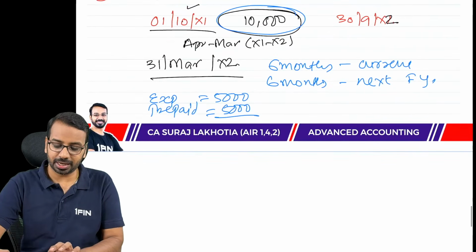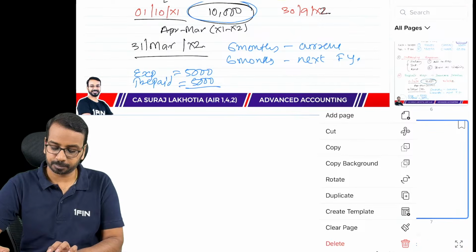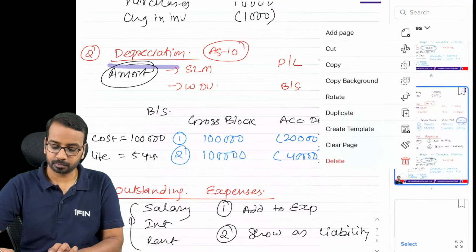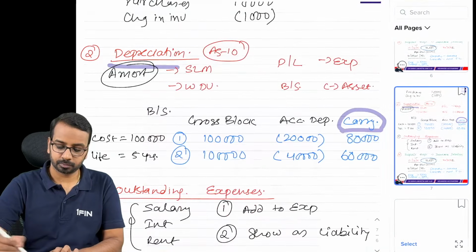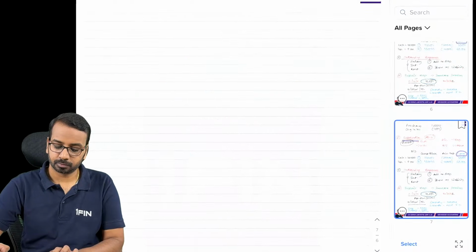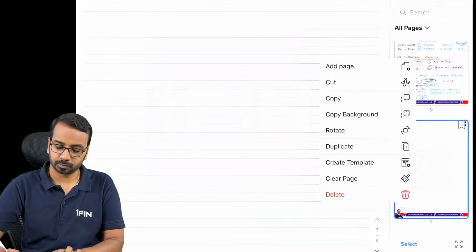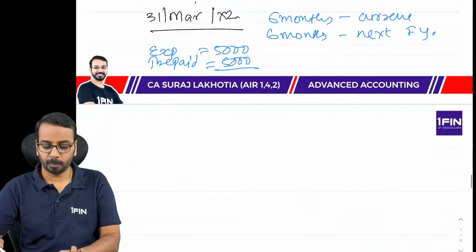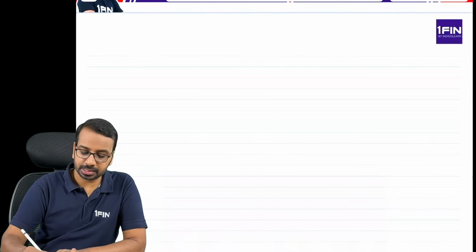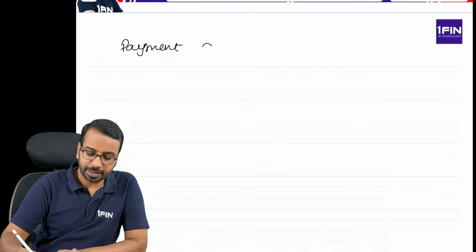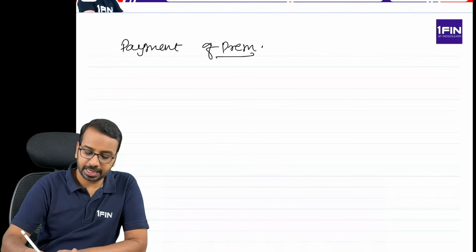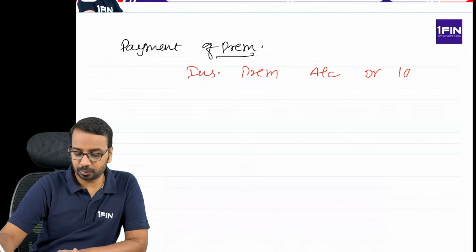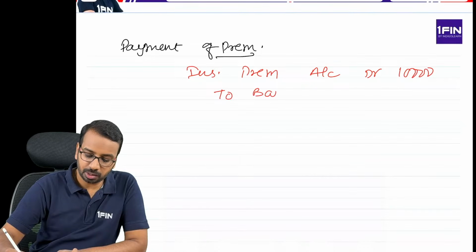Now, if you have to understand the entry, what happens is when we pay the premium, on payment of premium, we'll say insurance premium account debit 10,000 to cash or bank 10,000.